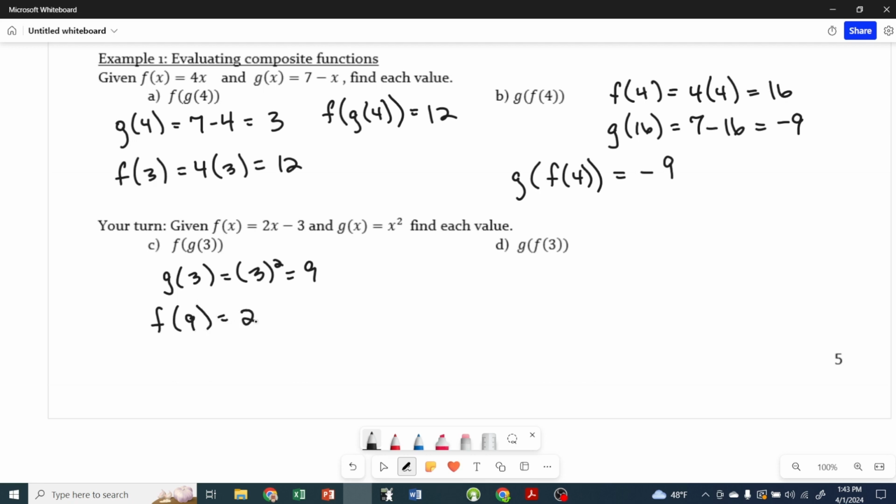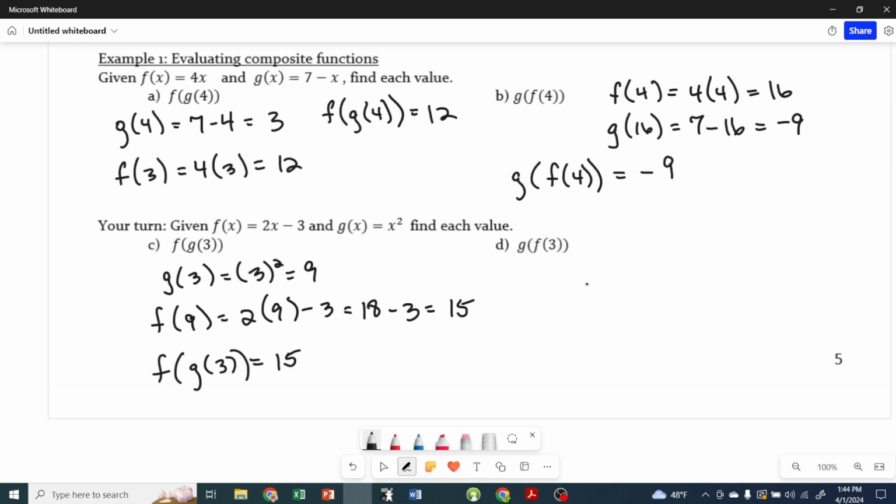That's 2 times 9 minus 3, which is equal to 18 minus 3, which is equal to 15. So f of g of 3 equals 15.